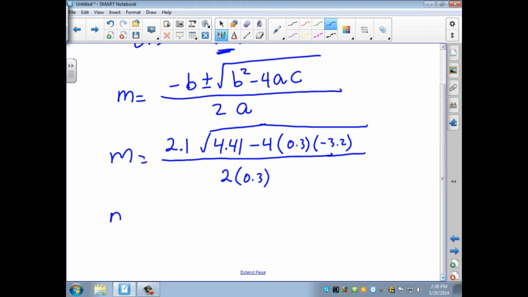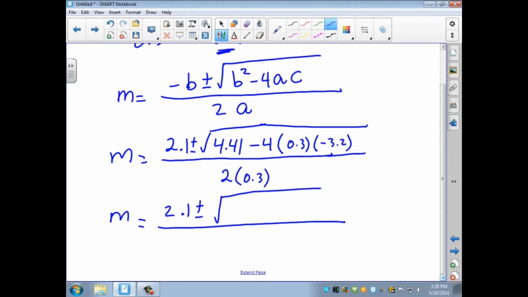Therefore, I'm sorry, plus or minus, let me not forget that. M therefore is equal to 2.1 plus or minus square root of 4.41. Okay, now here I have minus 3.2 times 0.3.